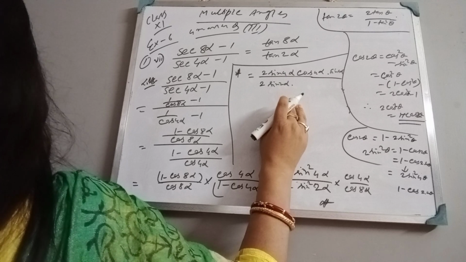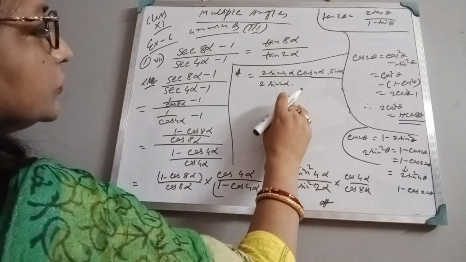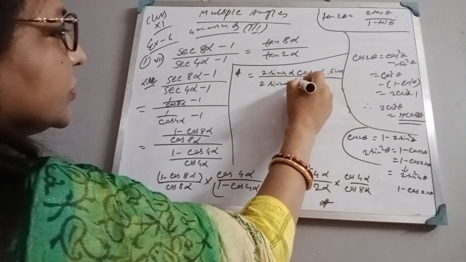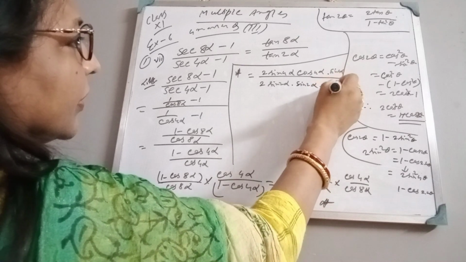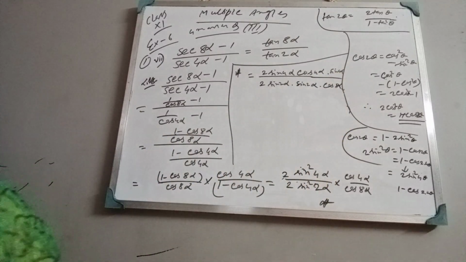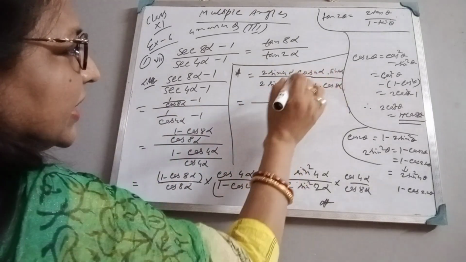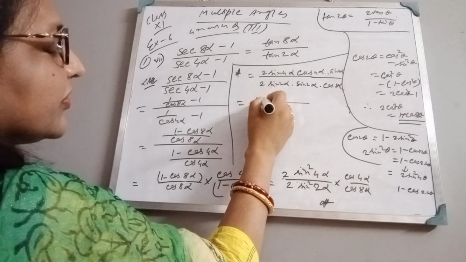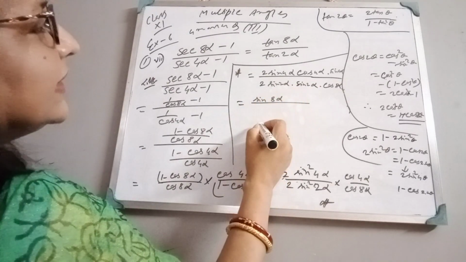So 2 sine 2 alpha into sine 2 alpha into cos 8 alpha. Keep it like this. We cannot change it. Okay. Now 2 sine A cos A means sine 2A. So it is coming sine 2 into 4 alpha, so it is coming sine 8 alpha.